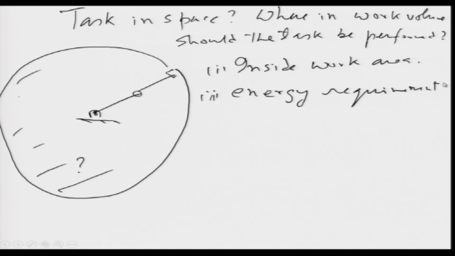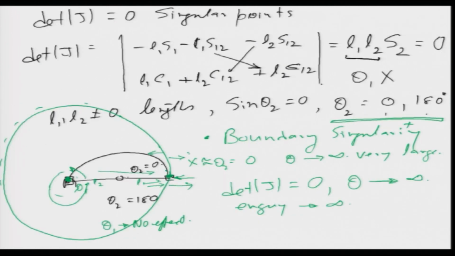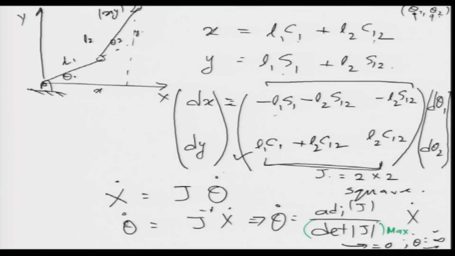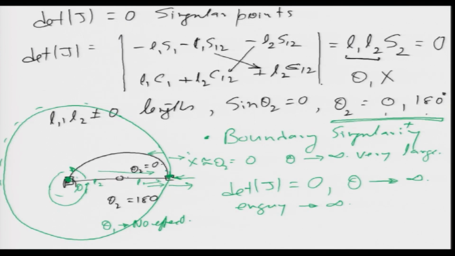The energy requirement to do the task should be minimum. So, we are going to perform a task such that the energy required will be minimum. Now, how do we find the area? Again, we go back here and we see that if this determinant J becomes maximum, then the energy automatically becomes minimum, because this is maximum means this gets minimized and your joint velocities will get minimum.